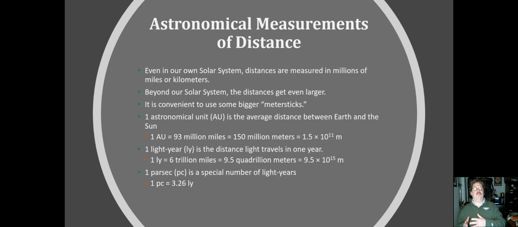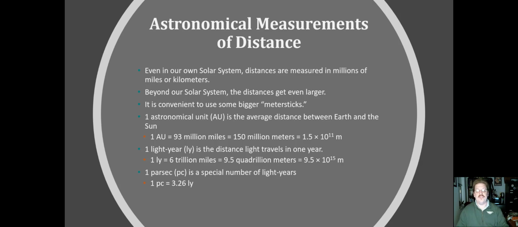So what other benchmark can we use? Well, we know light has a constant speed in a vacuum, or space. So why don't we use the distance that light travels in a set amount of time? The canonical way of doing it is a light year. How far does light travel in 1 year?